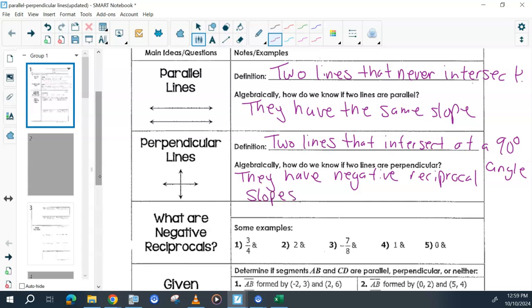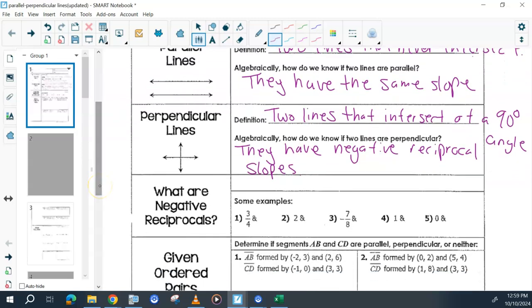We'll talk about what that means here in just a second. So we've heard the word reciprocal before. When we're solving, we multiply by the reciprocal, the flipped version of a fraction. But a negative reciprocal is not just flipping the fraction, but also making sure one is positive and the other is negative.